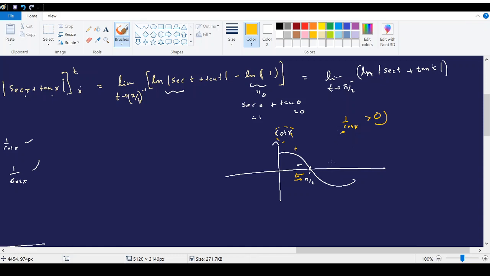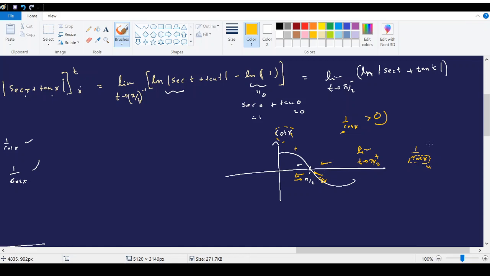Okay, but say for instance, if we consider the right hand limit, now it is not required for the problem, but just to explain the left limit and the right limit, just see what will happen if we consider the same limit that approaches from the right hand side. Then cos x will be a negative value and it reduces negatively. So in other words, 1 over cos x will be approaching 0 negatively.